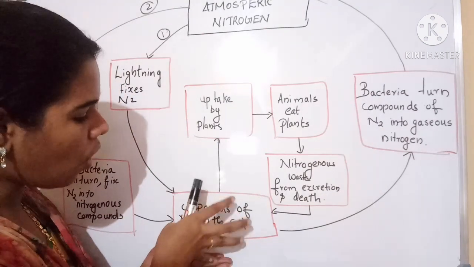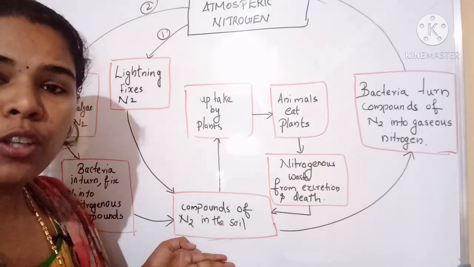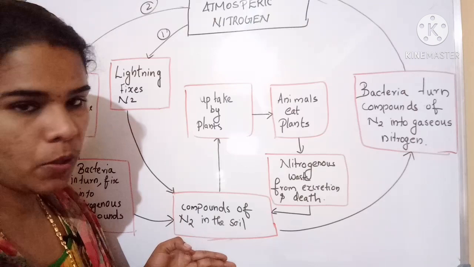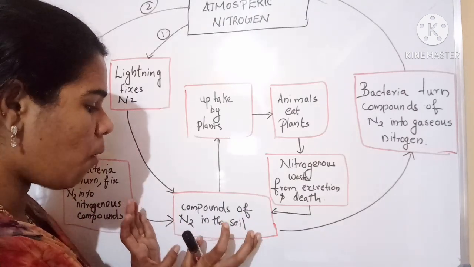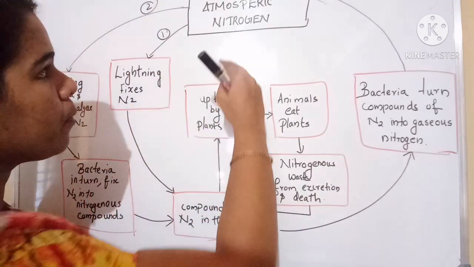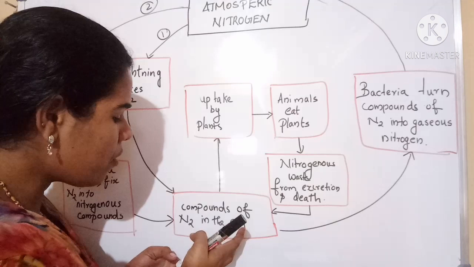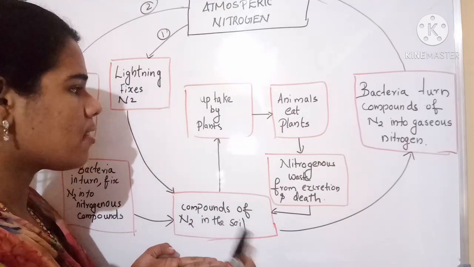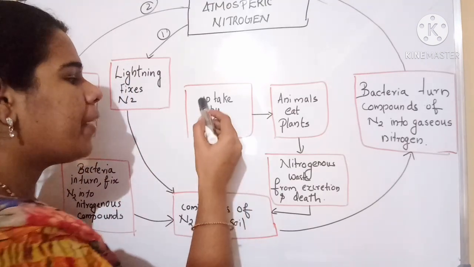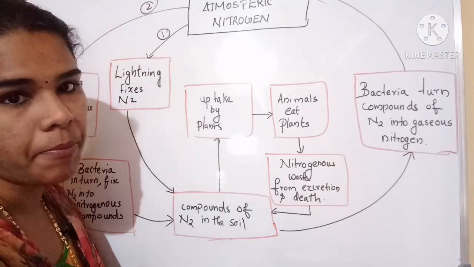These compounds of nitrogen in the soil are directly used by plants through their root system. Only these nitrogenous compounds can plants absorb. They can't absorb the direct atmospheric nitrogen. So the compounds of nitrogen in the soil are taken up by plants through their root system.